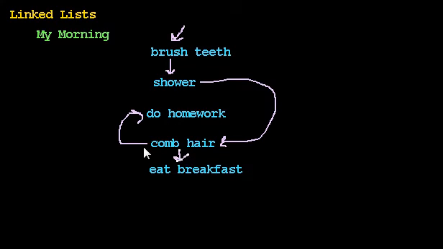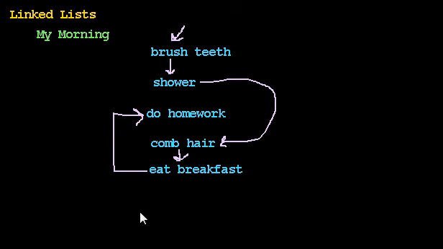And notice, just by changing the arrows I've already drawn, I can change the order of my list without actually having to move the text around. And we're going to use this idea a lot, where we're not going to move the data in memory, we're simply going to move the connections between the elements, and that will form a linked list.